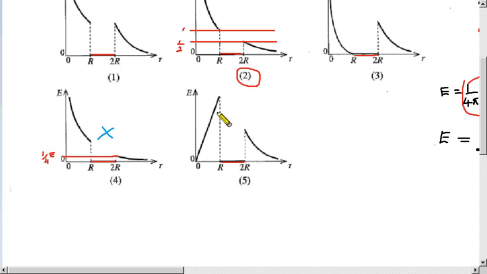This type of graph we get for gravitational fields. If there is a planet, so it has mass inside, solid, soil.